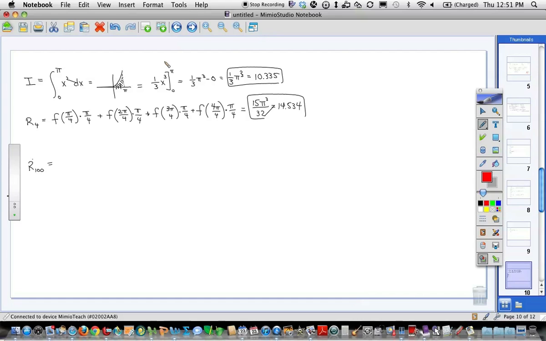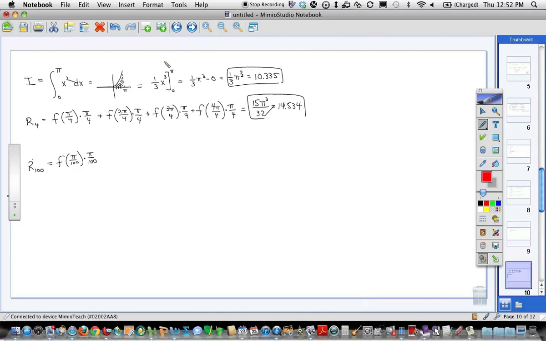Okay? So what will change now? The width is now not pi over 4, it's pi over 100. What's the first right rectangle height going to be then? F of pi over 100 times the width, pi 100ths, right?